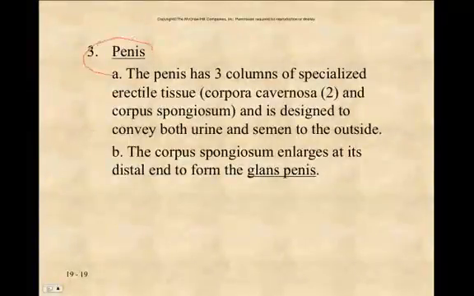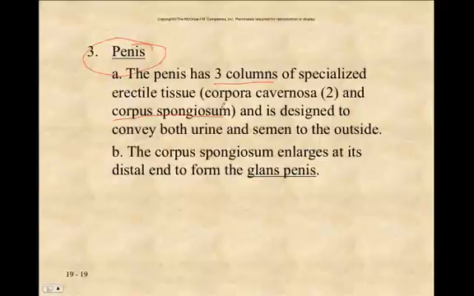Now we'll talk about the penis, in terms of emission of the semen. The penis is very important for that. The penis has 3 columns of erectile tissue. Two of those columns are the corpora cavernosa, and one of the columns is the corpus spongiosum, and I'll show you this in just a minute. It's erectile tissue designed to convey both urine and semen to the outside.